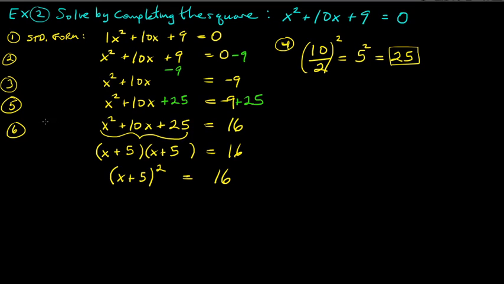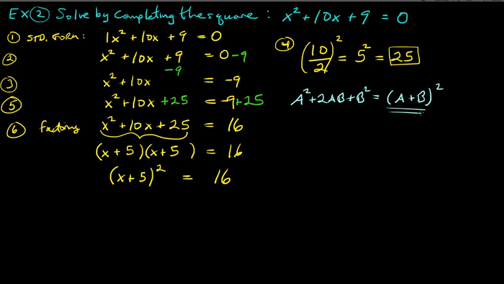Okay, so step 6 is always factoring. And if you do it right, it should always factor as a plus b squared. Let me remind you, if you have a squared plus 2ab plus b squared, and that's exactly what we have on the left, then you can rewrite that as a plus b quantity squared.